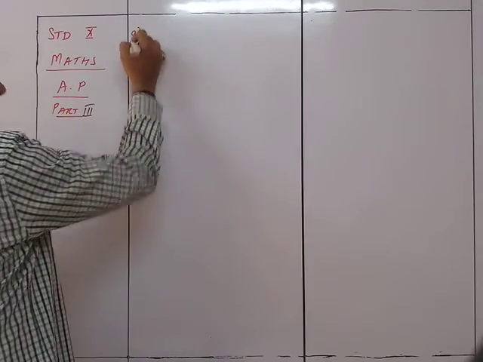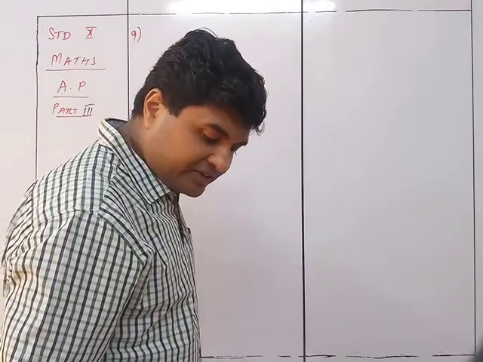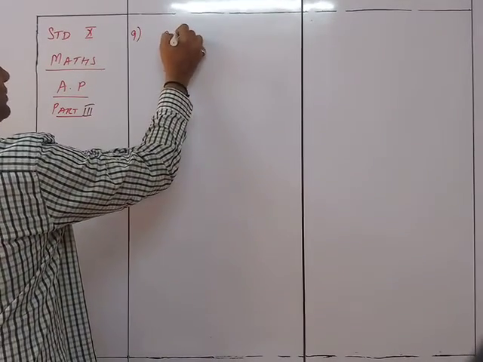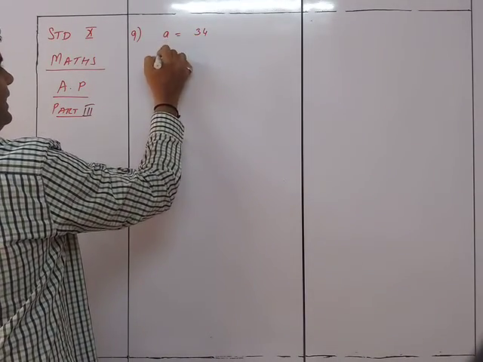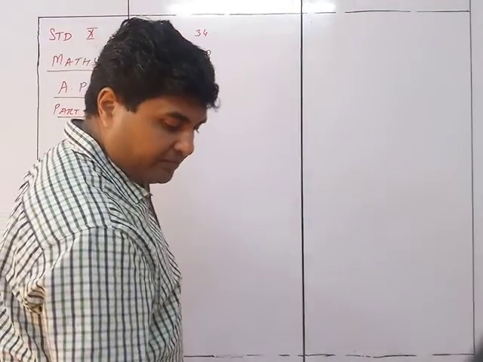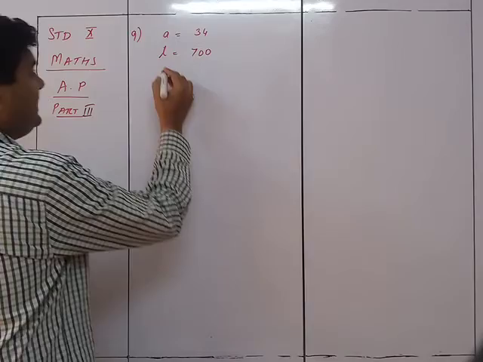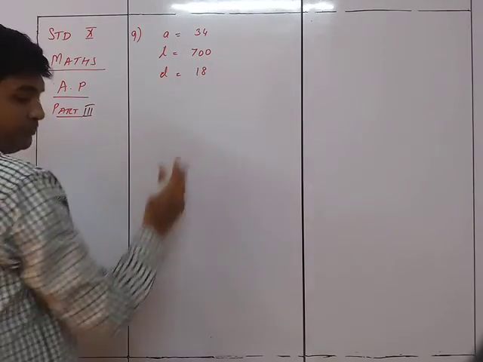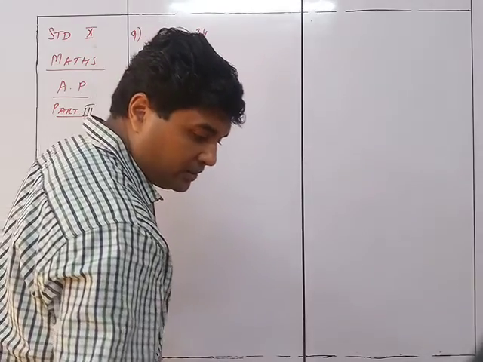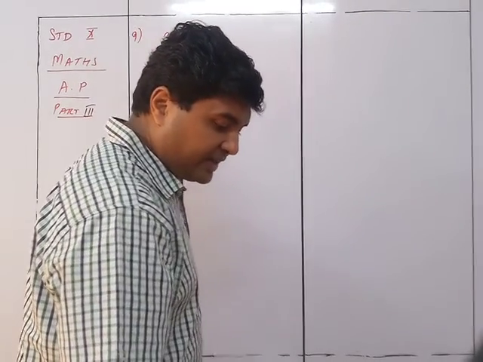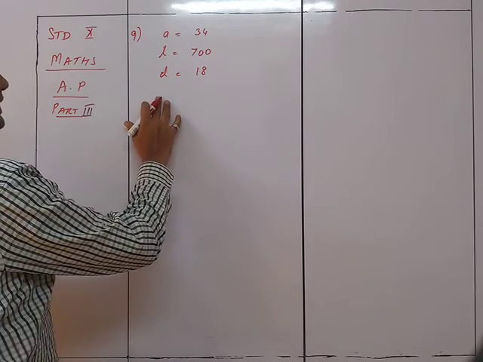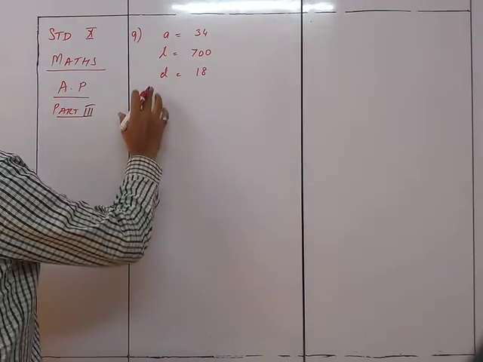Sum number 9. The first and the last terms of an AP are 34 and 700 respectively. So A is equal to 34 and L is equal to 700. If the common difference D is given as 18, you need to find how many terms there are and what the sum is.